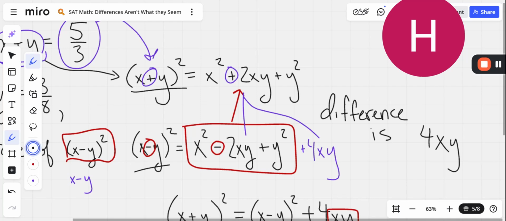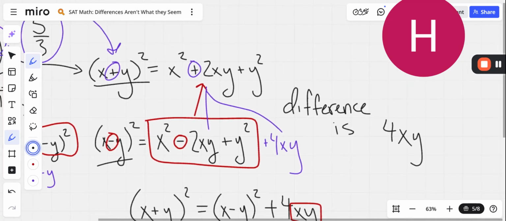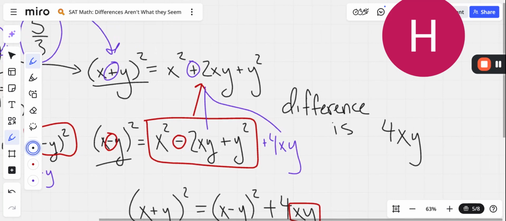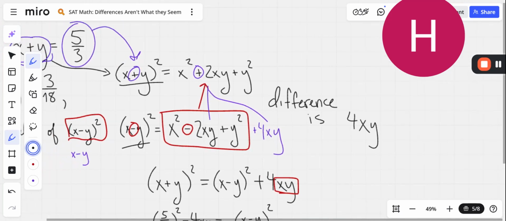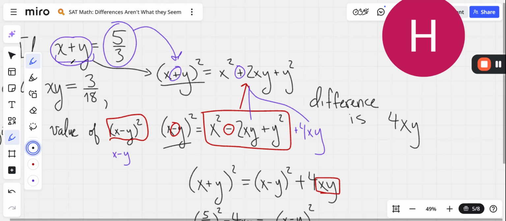You might be in a proper habit of just knowing, okay, this one has a plus, so it's a plus, and this one has a minus, so it's a minus. That's great. I'm glad that trick works, but I really want you to understand the connection because it allows us to solve problems like this, where we have to jump from an expression that's not so obviously connected, x plus y, to x minus y squared. Okay, and doing that fast and effectively is the best way to be successful on the SAT.